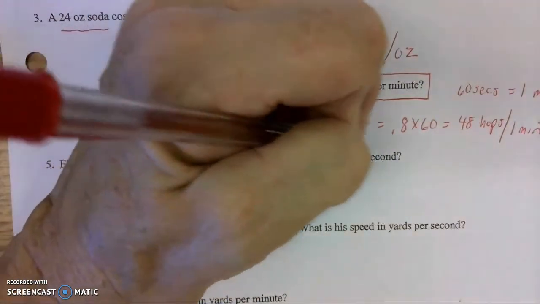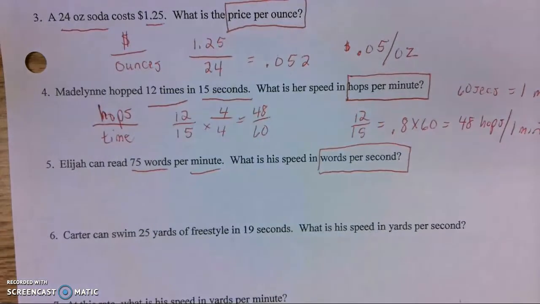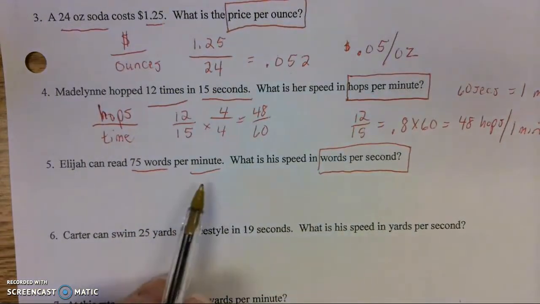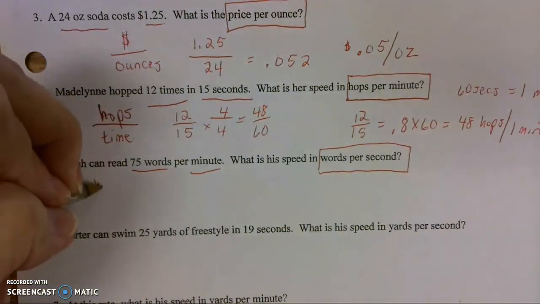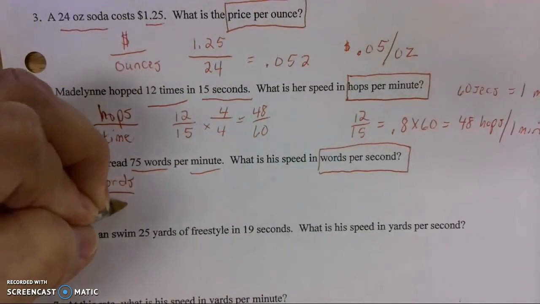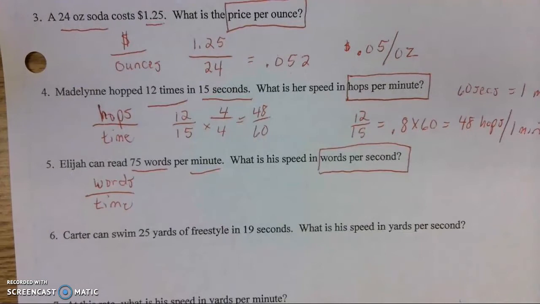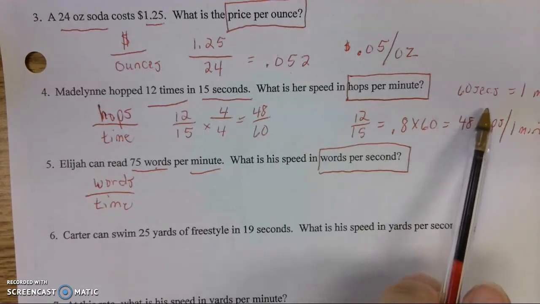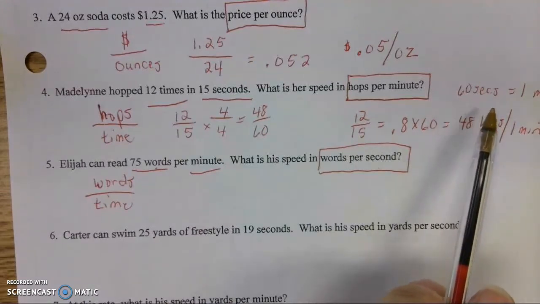Elijah can read 75 words per minute. What is his speed in words per second? Okay, here again, notice I want words, and I want to compare the words to time. But my comparison is minutes, but I want my answer in seconds. Here again, I'm going to go back up here. 60 seconds equals 1 minute.